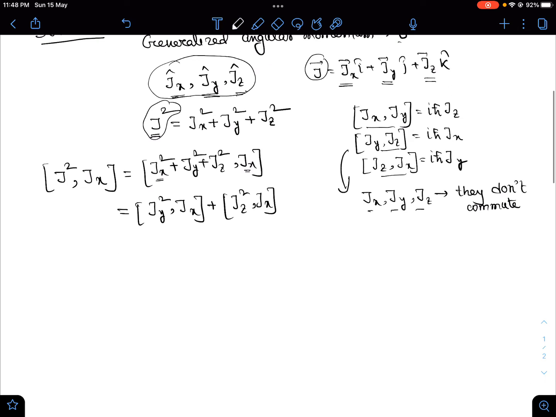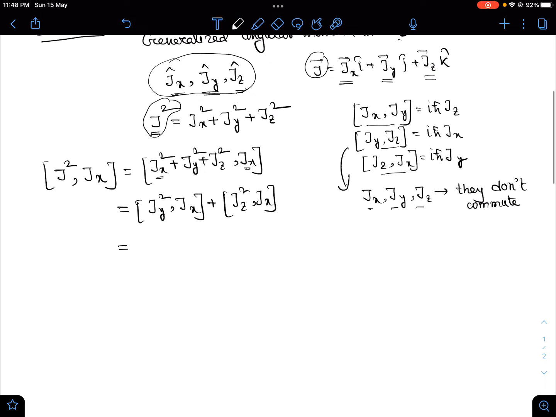From standard commutator properties, we can write this as Jy [Jy, Jx] plus [Jy, Jx] Jy.